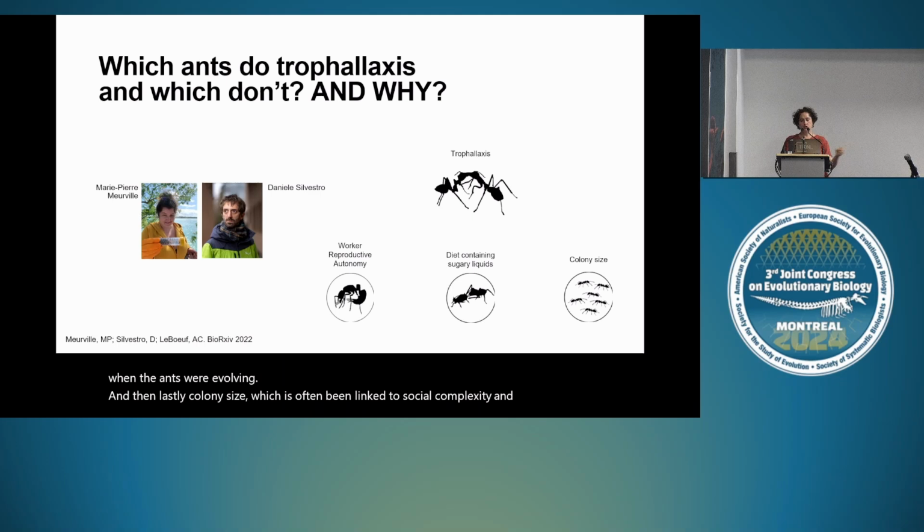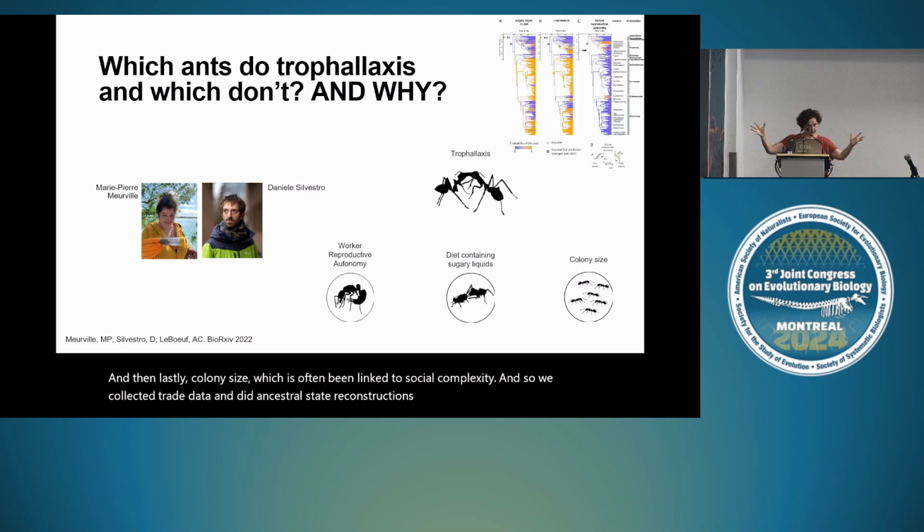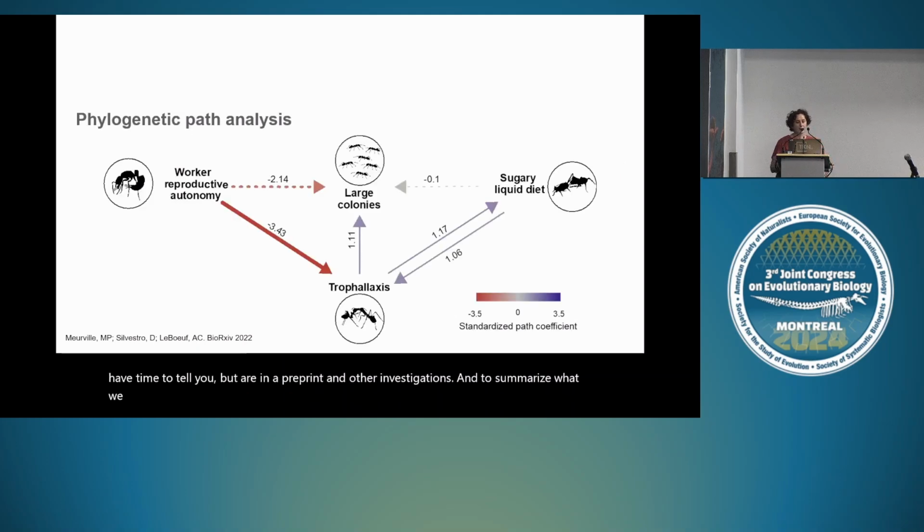And so we collected trait data and did ancestral state reconstructions and a lot of things that I don't have time to tell you, but are in a preprint, and other investigations. And to summarize what we found using phylogenetic path analysis, and other things, is that evolution of social regurgitation was inhibited by worker reproductive autonomy.